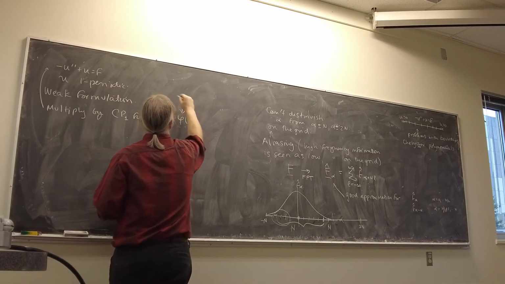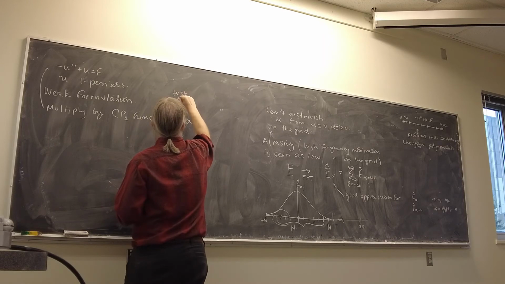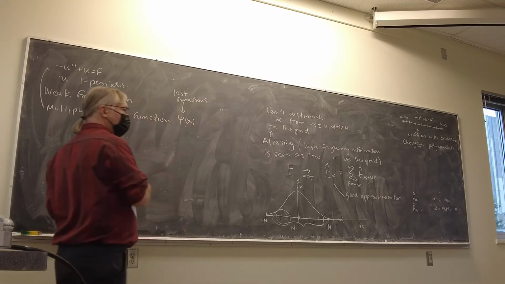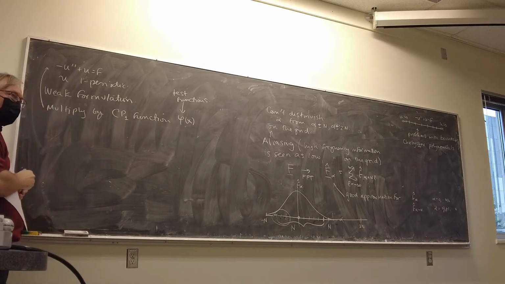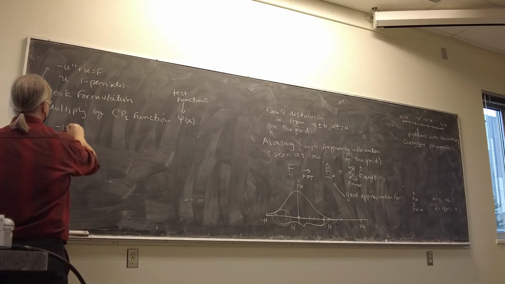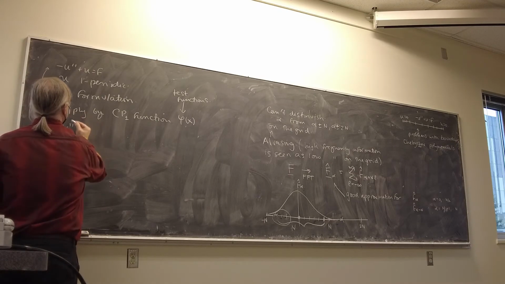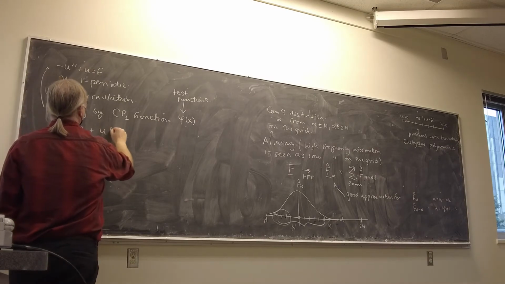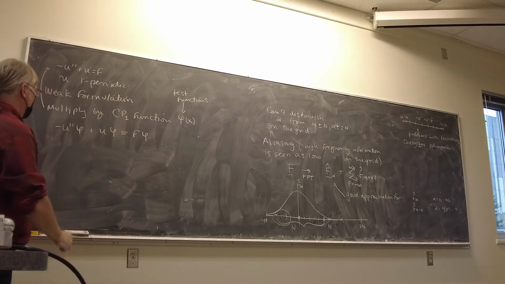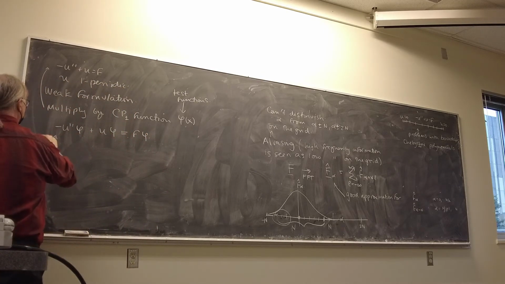And these things always get called test functions, testing the equation with the function. So I'm going to have minus u double prime phi plus u times phi is equal to f times phi. And then I'm going to integrate from 0 to 1.